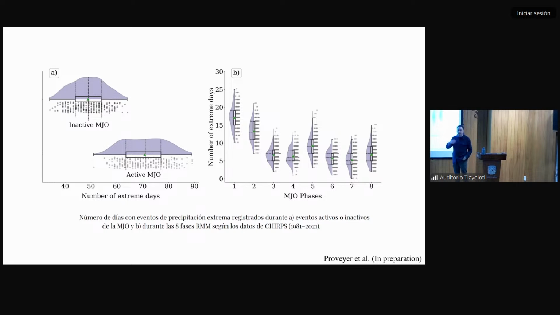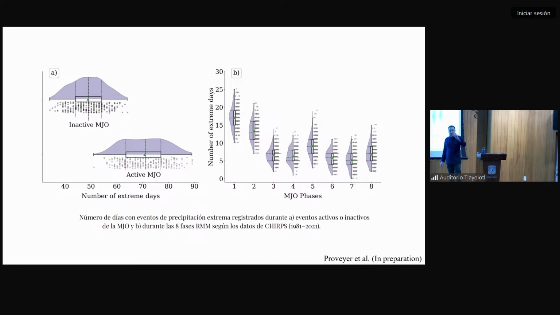So although I say again, we can have extreme events anytime, there are slightly more chances to have an extreme event when we are in an active MJO phase, in phases 1 or 2.